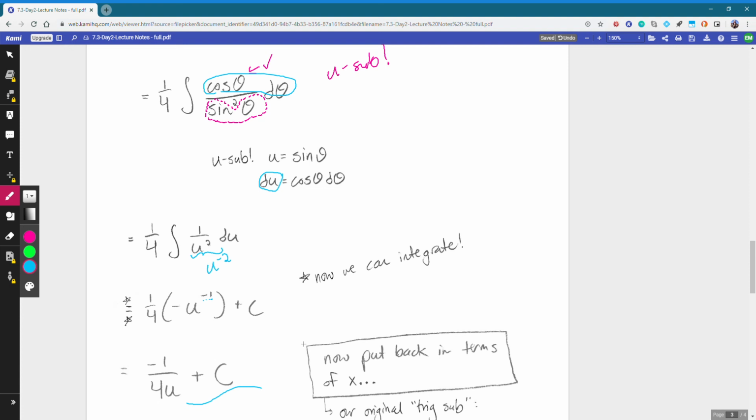We've just integrated. Now what's left is putting things back in terms of our original variable, right? And recall the idea here is to use what we know from our original trig sub and triangle.